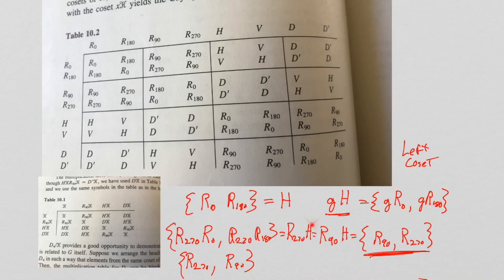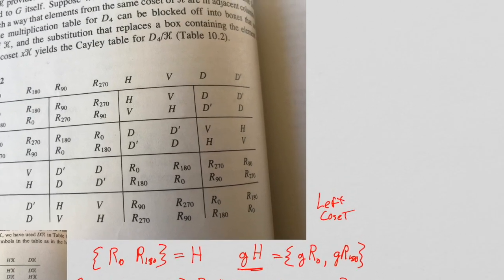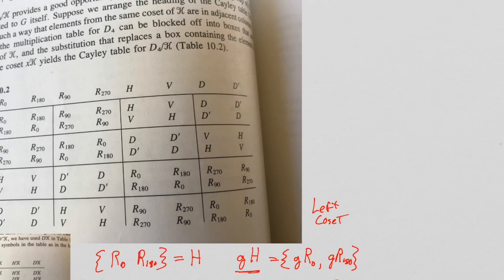It's not that it has to equal R90H a priori. It's like after I've evaluated R90, I realized R270 was in the set. So I don't need to evaluate R270H because I know it's going to be the same. Okay, so let's try a different one. Let's try, say, VH.